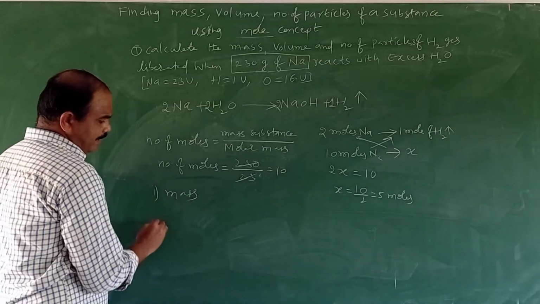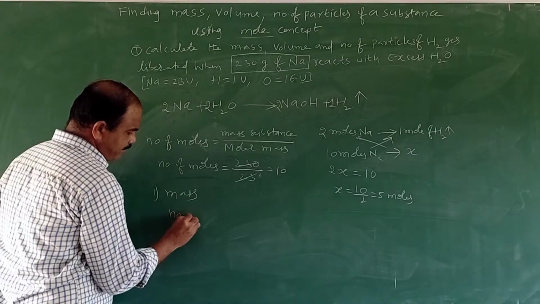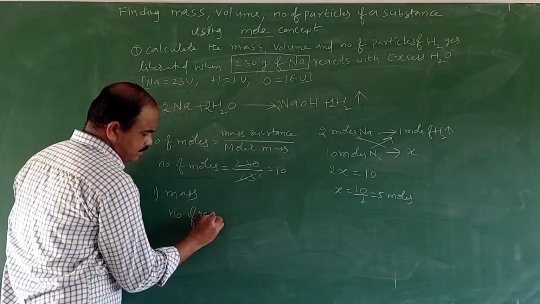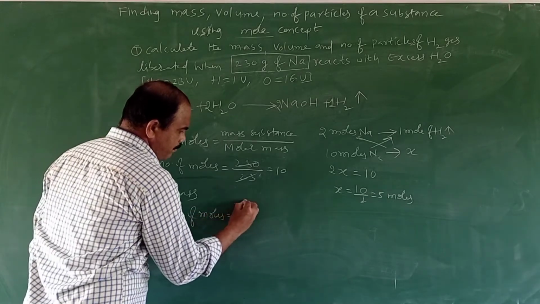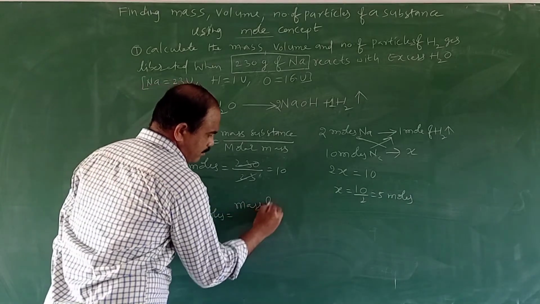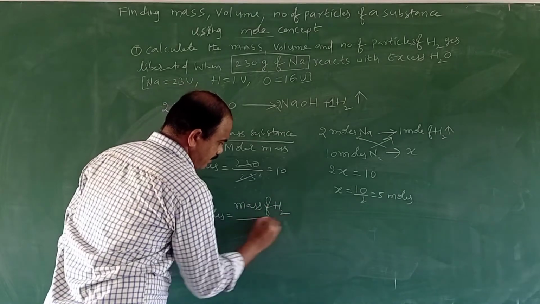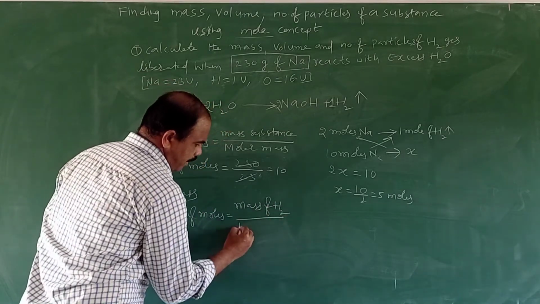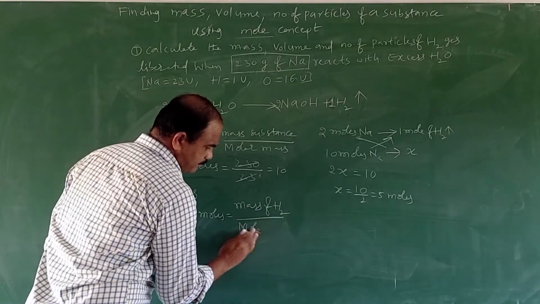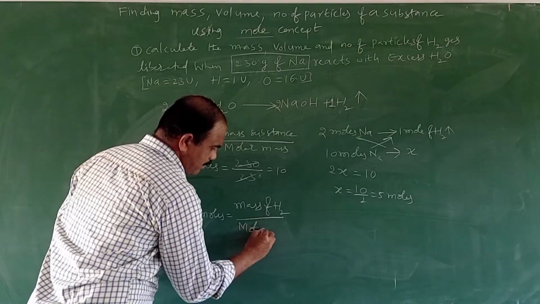If we write the number of moles in terms of mass, what is the formula? Number of moles is equal to the mass of hydrogen gas divided by the molecular weight, or it may be called the molar mass.